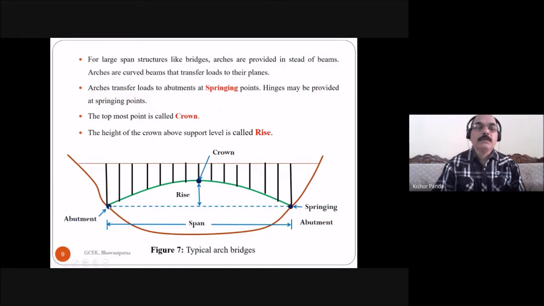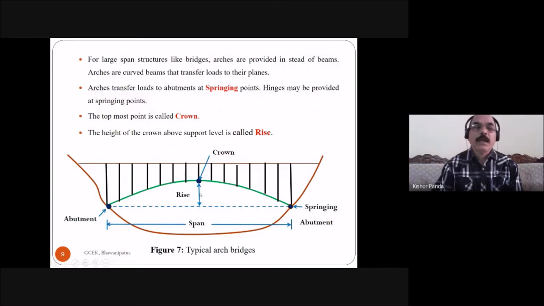This is the bottommost point, and through this point the load is transferred from arch to abutment. This is called the springing. The lowermost points of the arch are called the springing points.